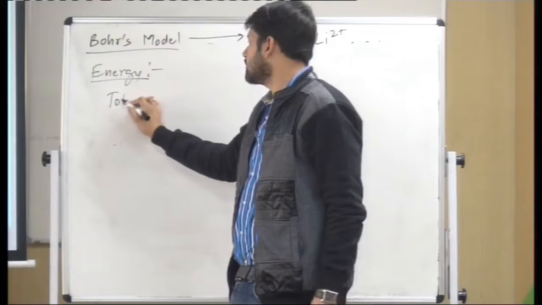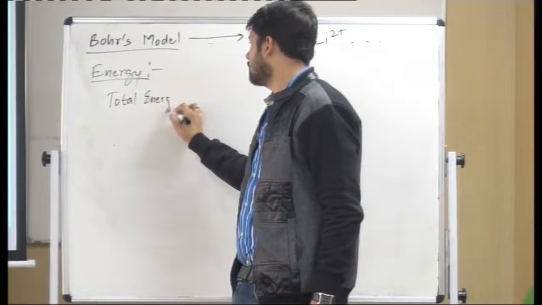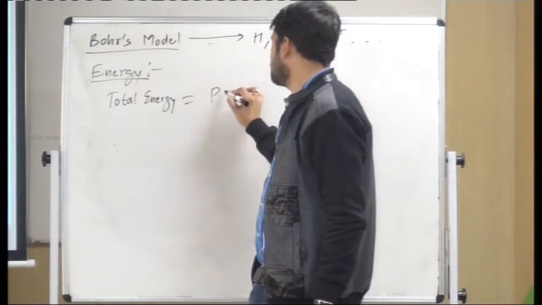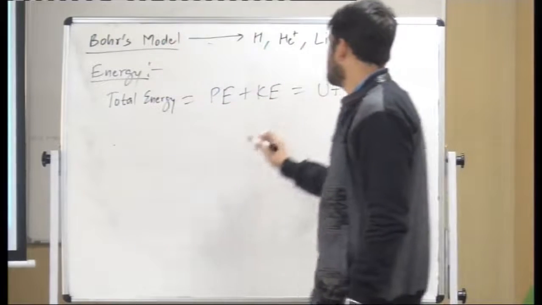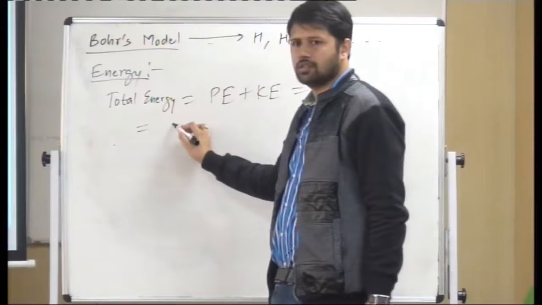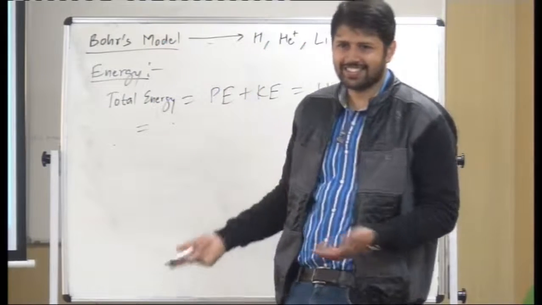The total energy would be potential energy plus kinetic energy, which is U plus K. And how much was the value?